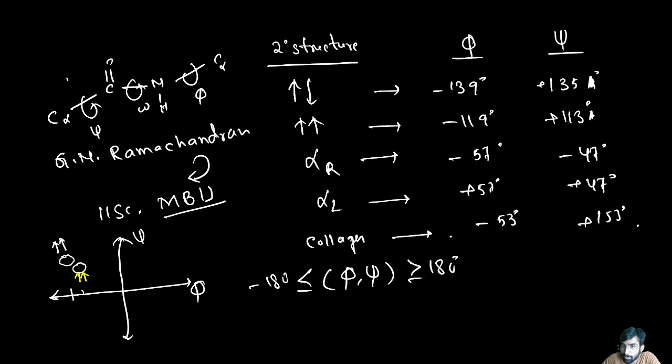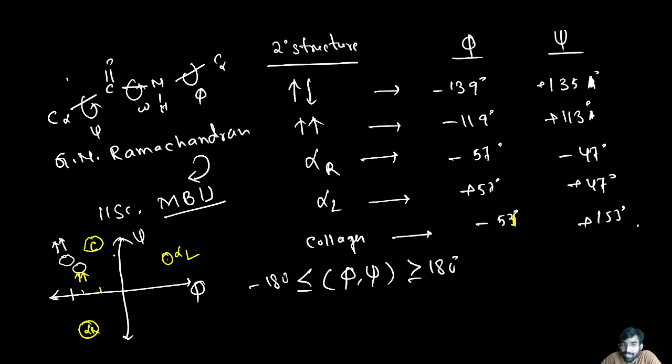Then collagen, minus 53, plus 153, around here; I'm writing C. Minus 57, minus 47 is here, this is alpha R. Plus 57, plus 47 is here, alpha L.